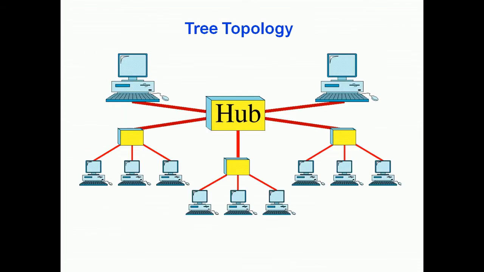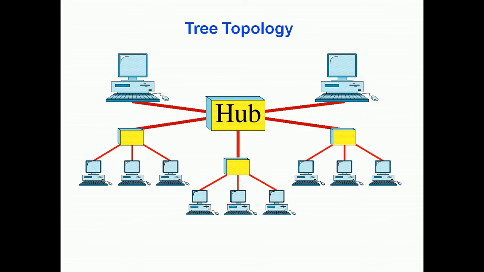Next is tree topology. In this diagram, systems are shown in the form of a tree, and the real life example of tree topology is the cable TV network. There is a hub, and if there is a requirement of new connections for the cable TV, that hub is connected to more hubs and more homes are benefited.